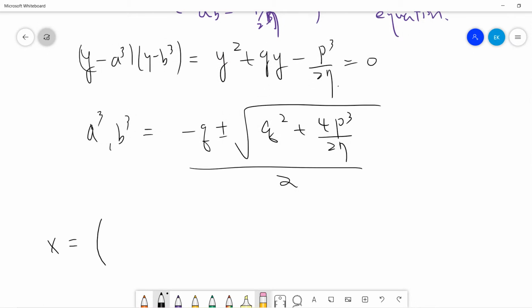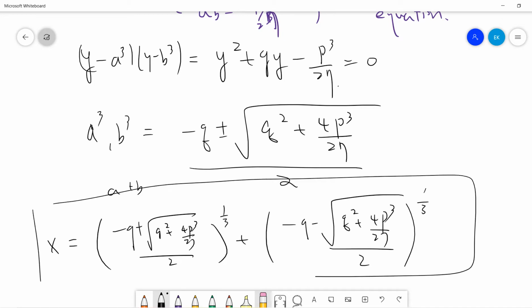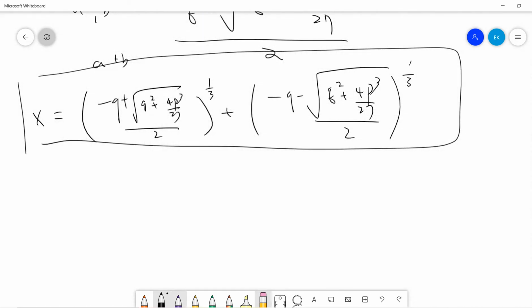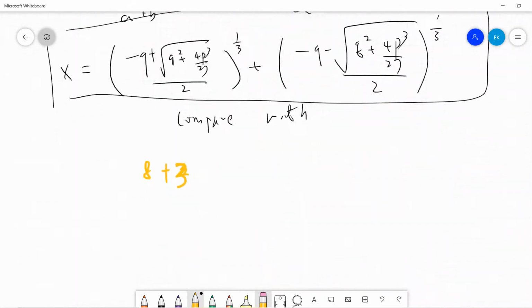So your general x can be written as a plus b, where you take the cube root of the plus sign and the minus sign. Now if you have this, then you can compare with the problem. The problem is basically 8 plus 3 times the square root of 21.